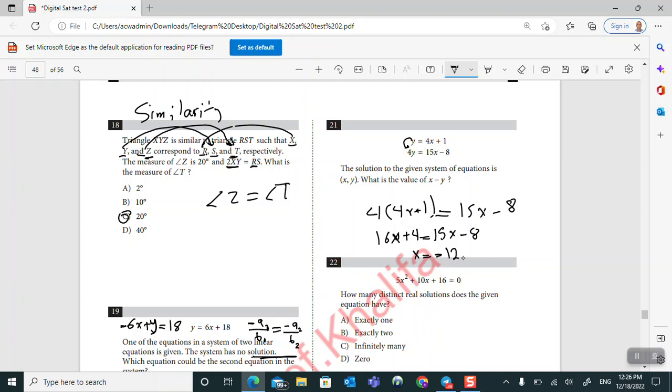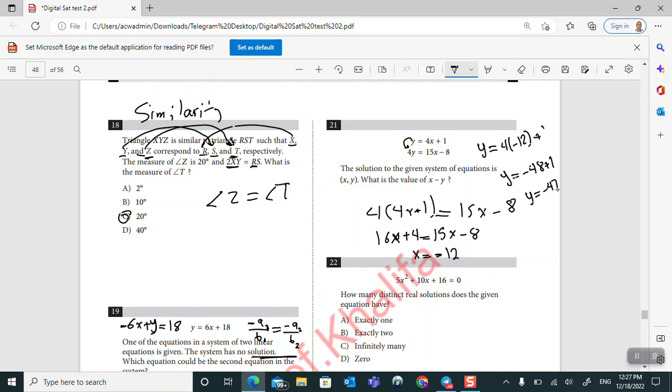Then you have to just substitute negative 12 in either equation. So y is equal to, I'll use the easier one, 4 times negative 12 plus 1. So y is equal to negative 48 plus 1. y is equal to negative 47.